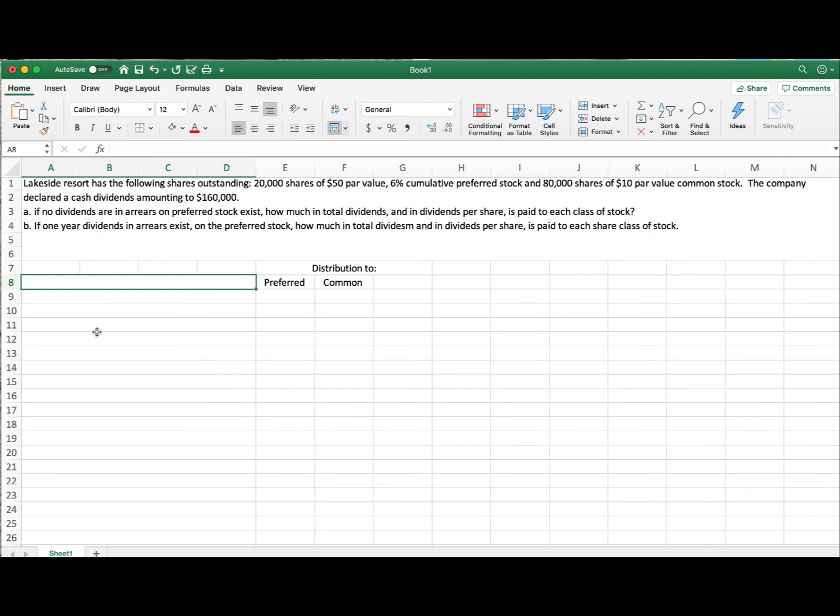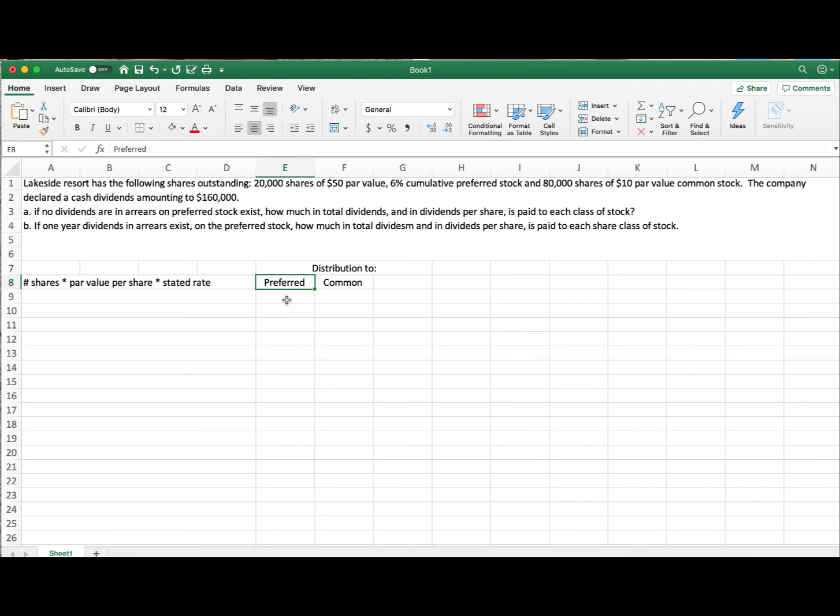I need to take the number of shares outstanding times the par value per share times the stated rate. That's the rate that they tell us. So we're going to calculate preferred shares first.